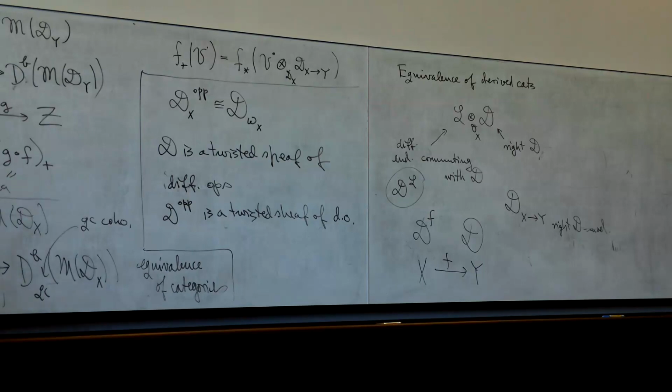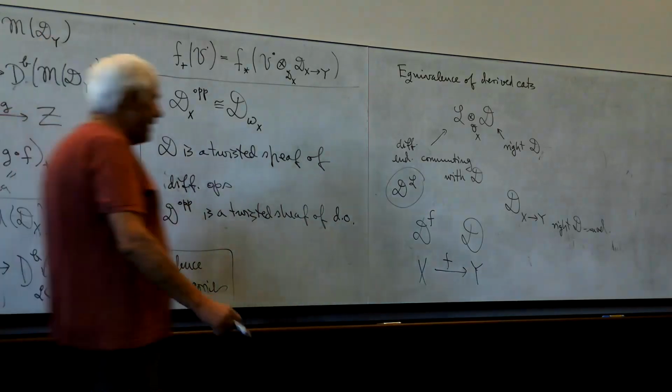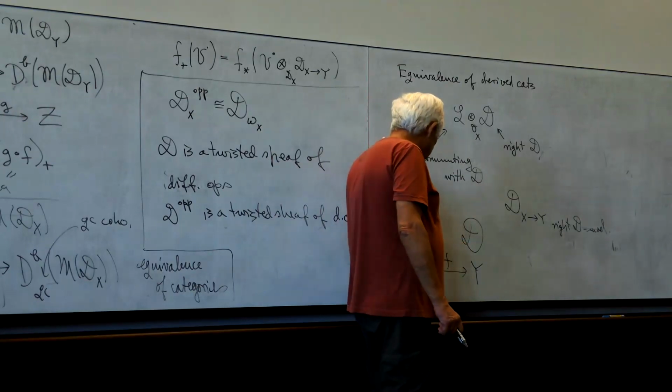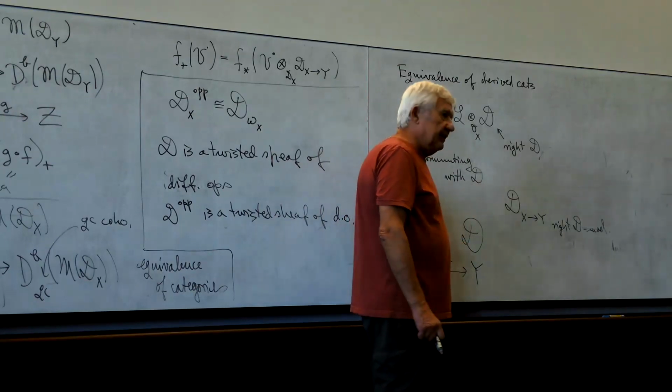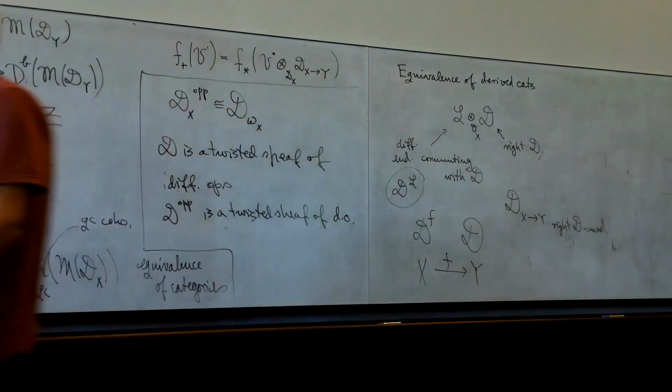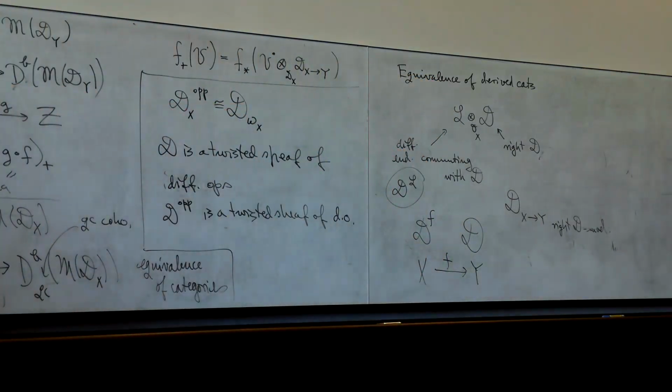So in a way, the target twist induces a twist on the source. This is in our construction.